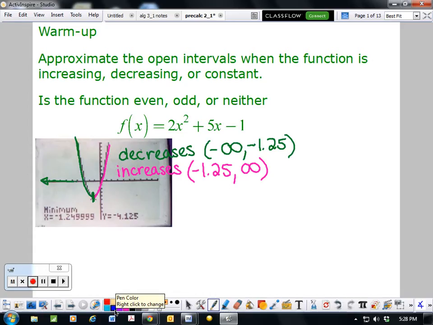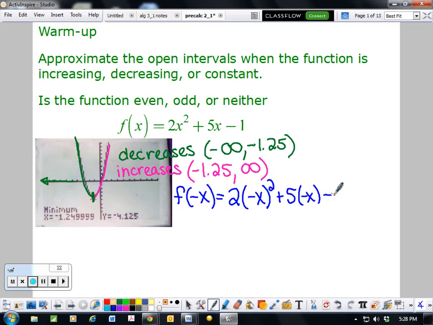Okay, our next part is to figure out if the function is even, odd, or neither. The very first thing we're going to do is test what happens when I plug in negative x into my function. So I'm going to have 2 times negative x squared plus 5 times negative x minus 1.